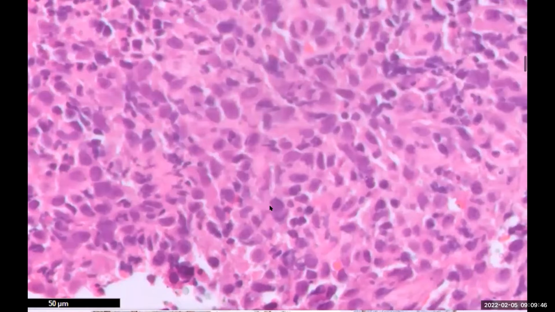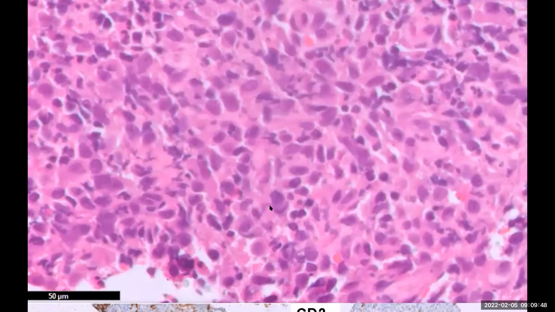In this picture, you are not seeing that kind of polymorphism. You're seeing sheets of large cells, more large cells and fewer smaller cells. So at this point, we see a lesion that has heterogeneity.